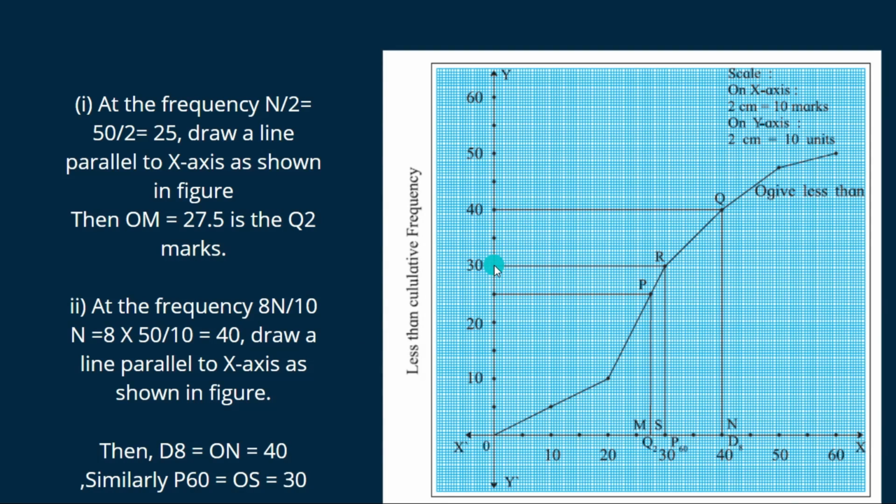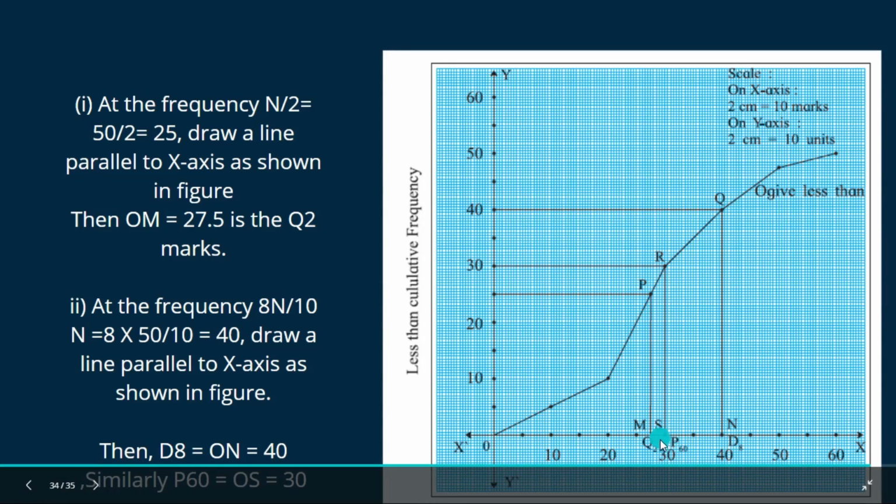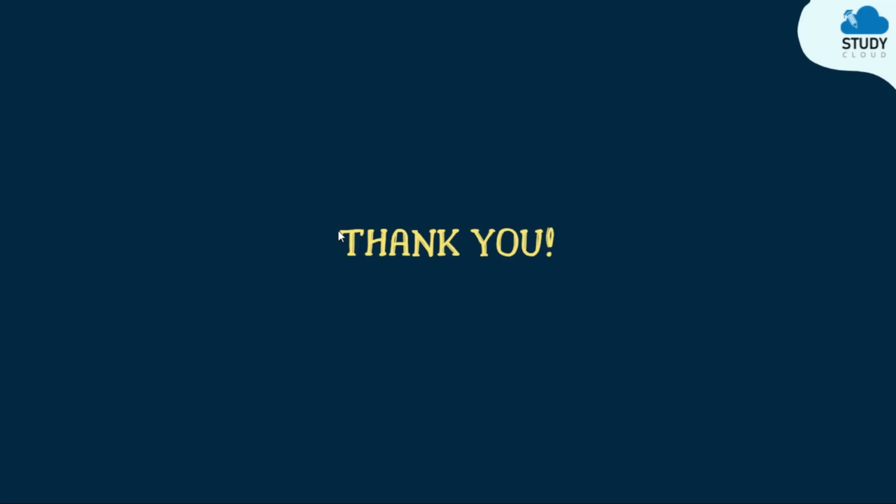From 30, draw one straight line like this, and as it meets the freehand curve, stop here and come downwards. When you reach downward, you will reach exactly on 30 here. So your percentile 60 is 30. In this way you have to draw the graphs. Thank you so much.